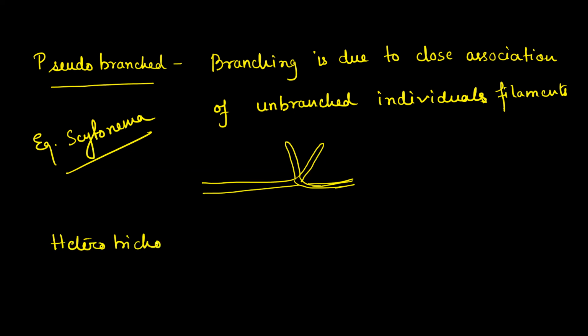Heterotrichous form. What is that? Hetero means different. Trichous means trichome or filament. So what do we have here? Presence of more than one type of filament.